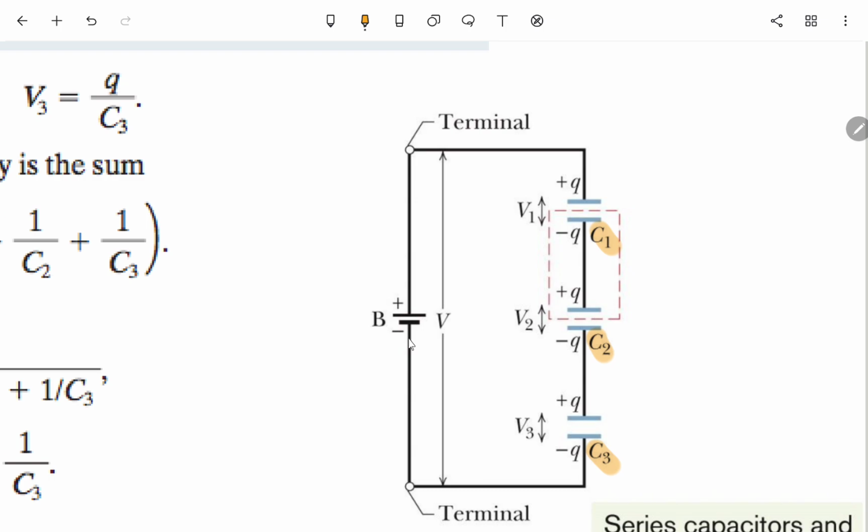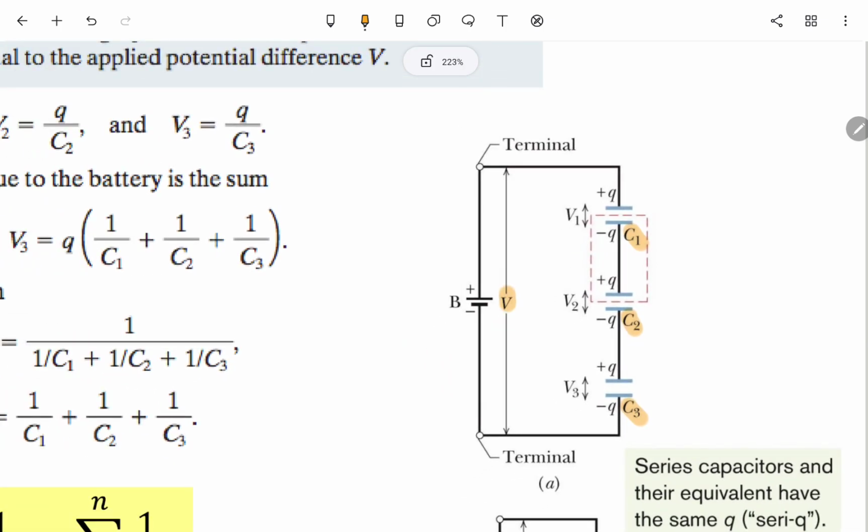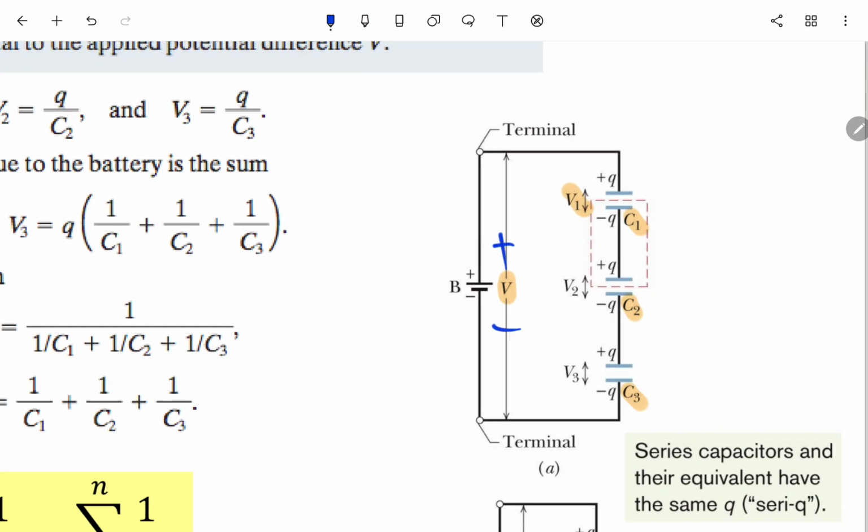Okay, so in such a way, the total potential is V. This is V1. V is from here to here, V1 is from here to here, V2 is from here to here, V3 is from here to here. You can imagine V going along one path, and then going through this other path.